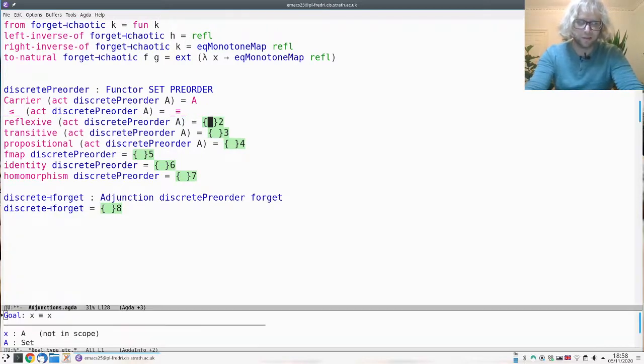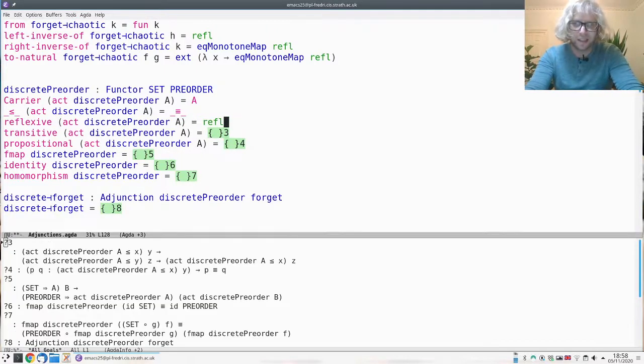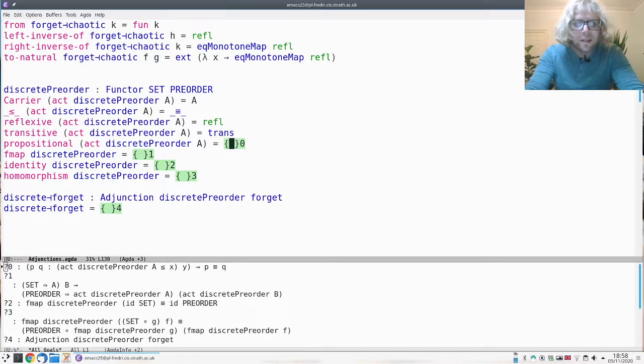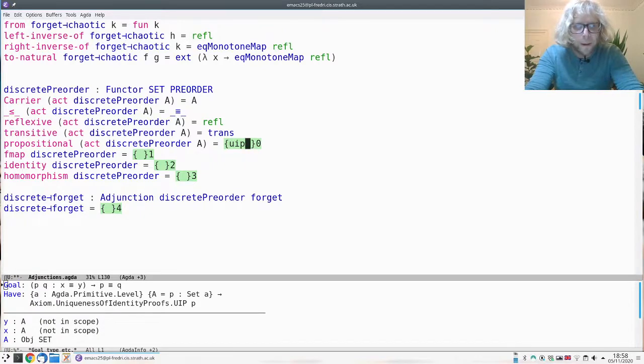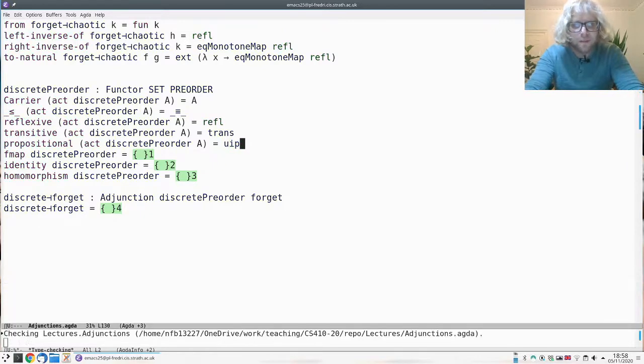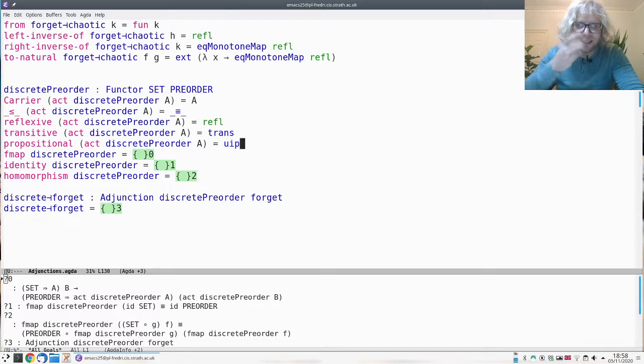Here we have to show that equality is reflexive. Well, it certainly is. And here we have to show that equality is transitive. Well, it is that as well. Finally, we have to show that it's propositional. Well, we have this uniqueness of identity proofs principle in Agda, which says exactly that. There's at most one identity proof.